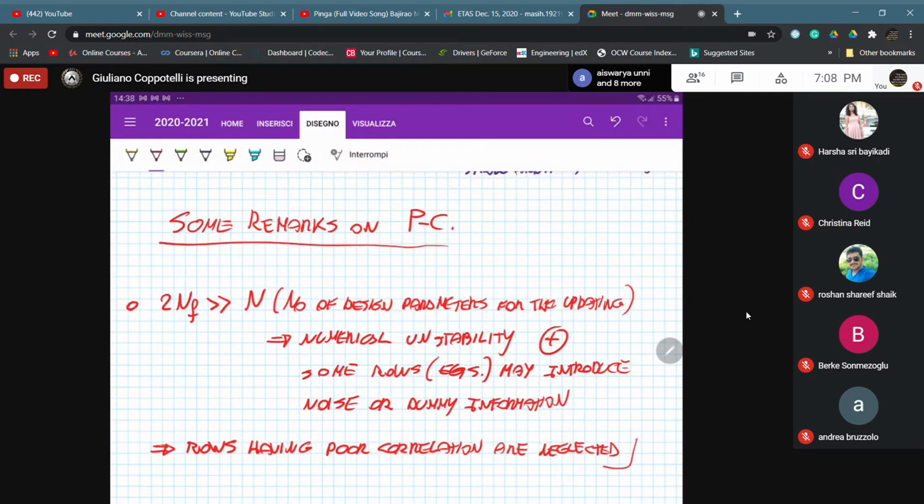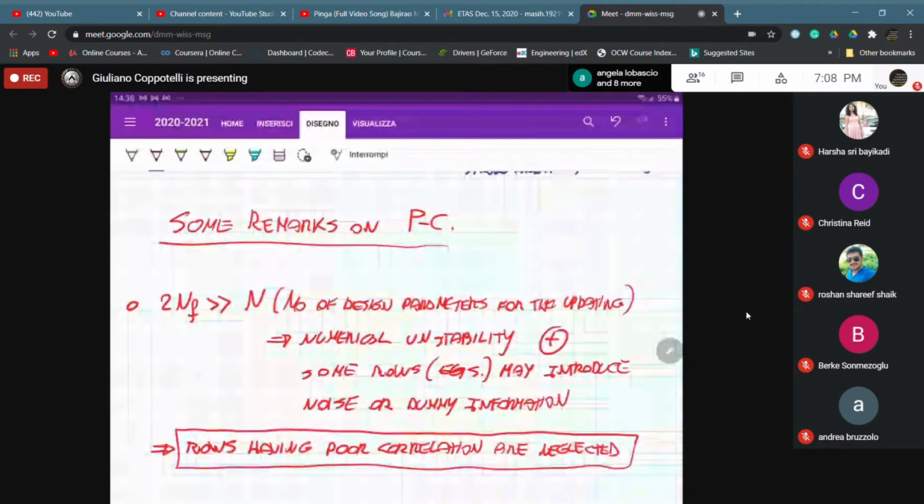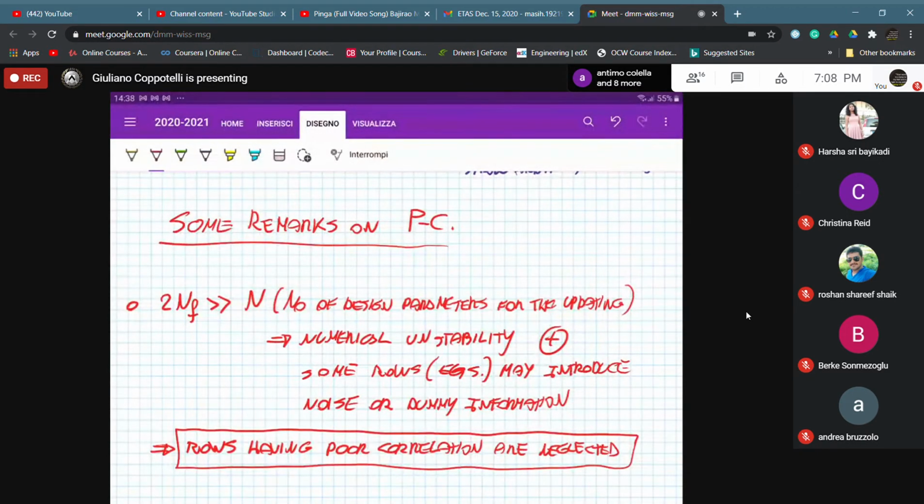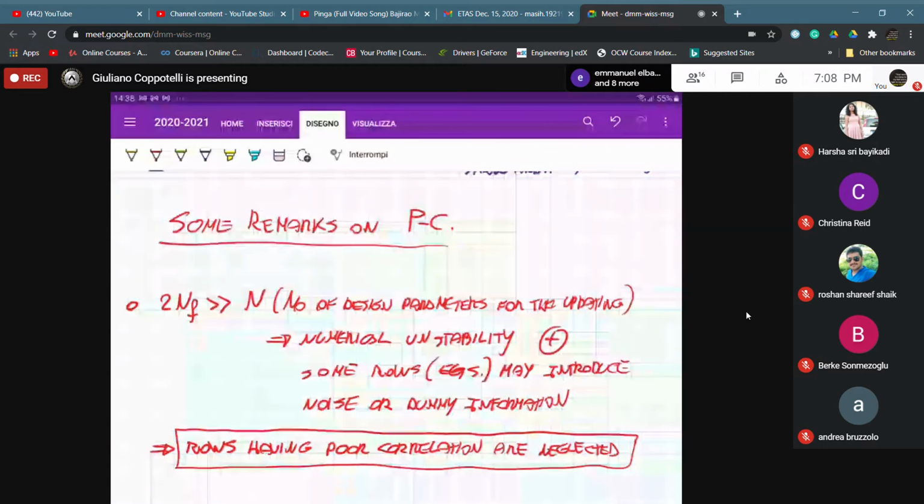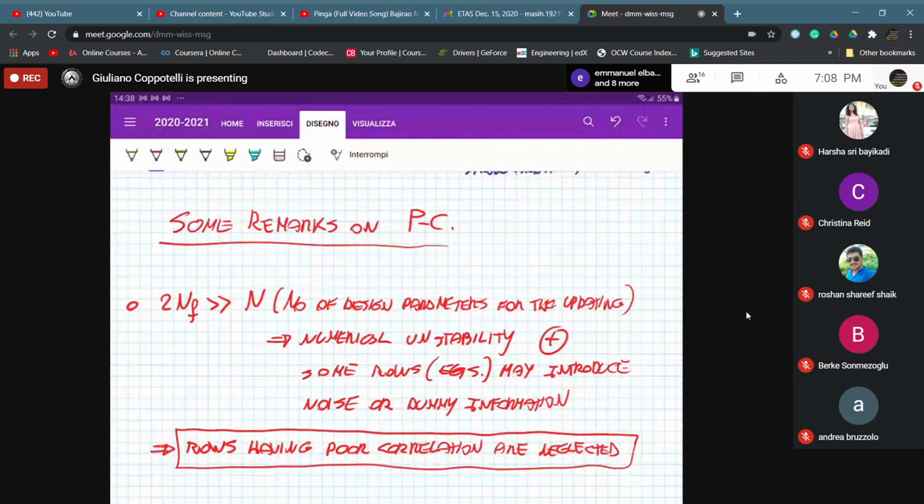Okay, and we can do that just because we have many rows available. Okay, so your correlation function chi A, chi S are also used to remove some, let's say, additional unwanted information because of noise or because they are meaningless.